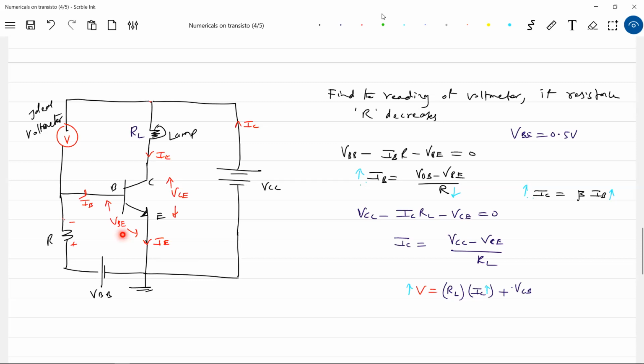Yes, sir, so still it will increase only. It will be a constant value, sir. This will be constant. From the above equation, RL into IC equal to VCC minus VCE, sir. See, there'll be an effect of VCE. If IC changes, if this drop changes, then what happens? VCC minus IC RC, I'll bring this back.